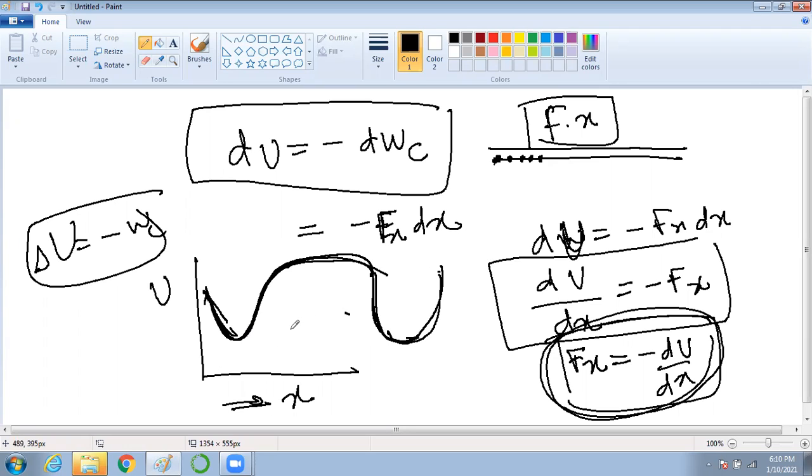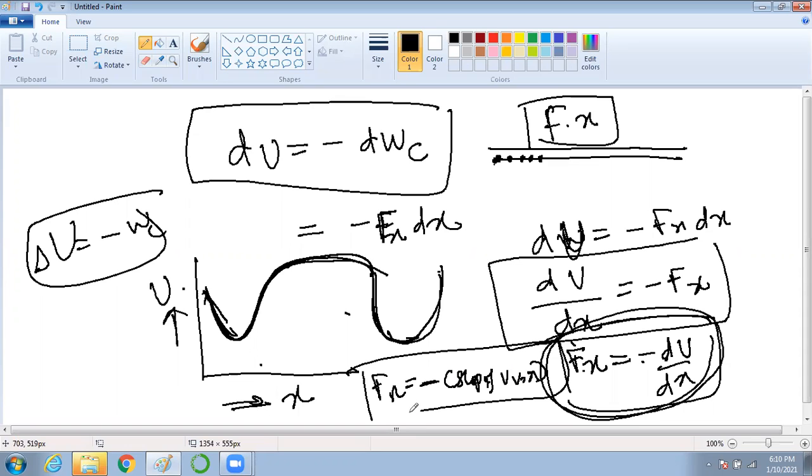Can I say the force is the negative slope of the U versus x curve, or the rate of change of potential energy with respect to distance? Yes sir.